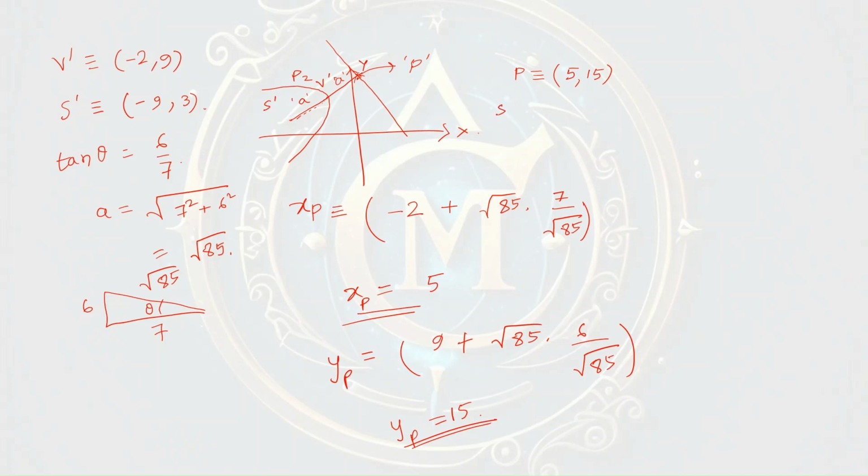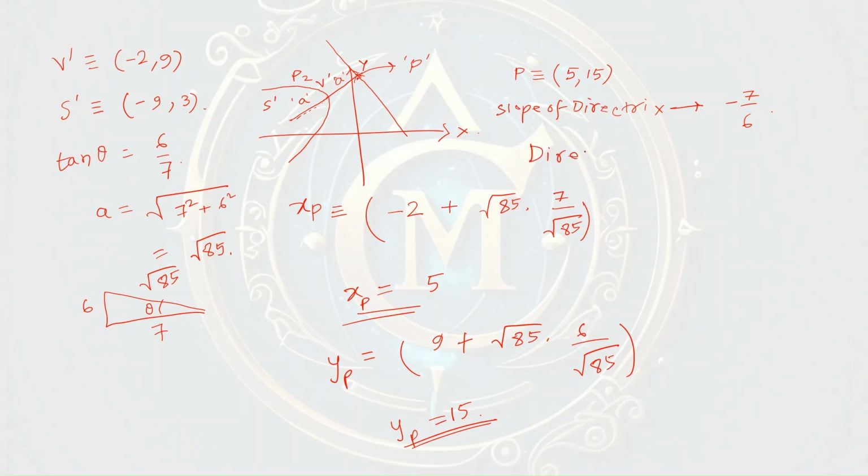So now the slope of directrix will be minus 7 by 6. So we can write the equation of directrix.